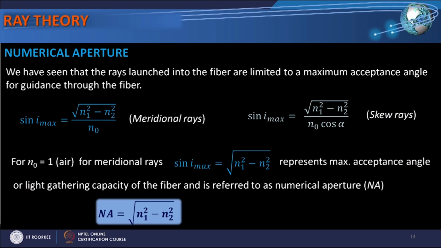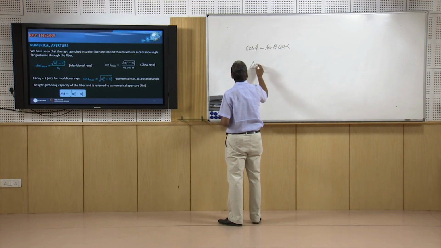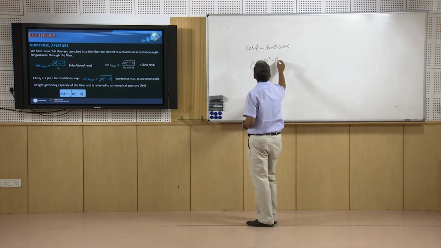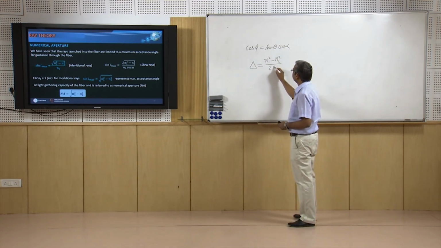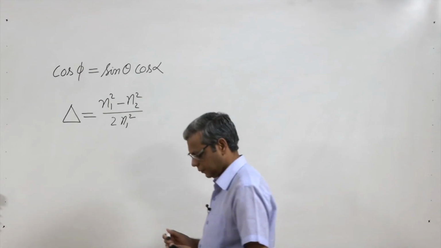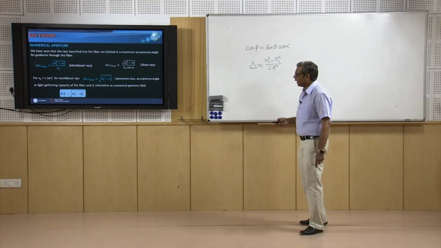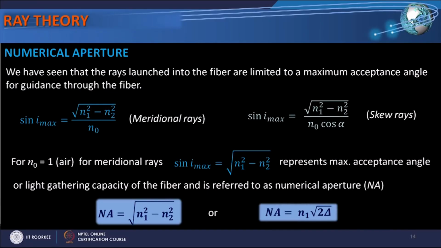If you remember that I had defined relative core cladding index difference delta is equal to n1 square minus n2 square over 2 n1 square. So, I can represent this NA also in terms of delta. So, you get it as n1 square root of 2 delta.